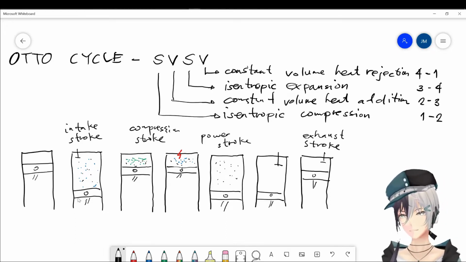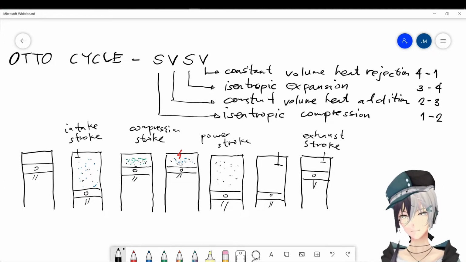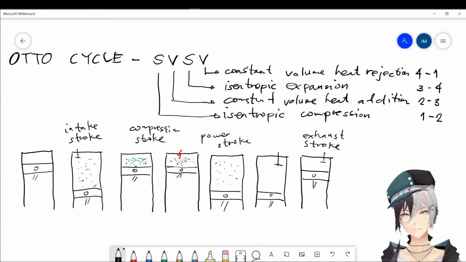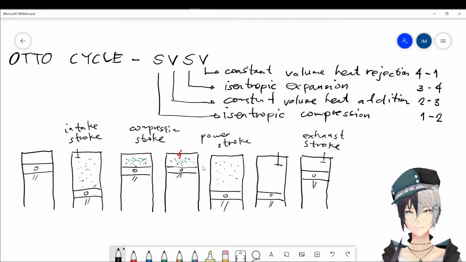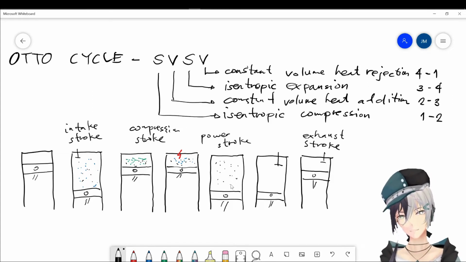Again, you have your intake stroke, admitting air and fuel mixture, and then the compression stroke. And you now have your constant volume heat addition. With the spark ignition engine, we are using spark plugs that ignite the air and fuel mixture, and the gas will now push the piston down.